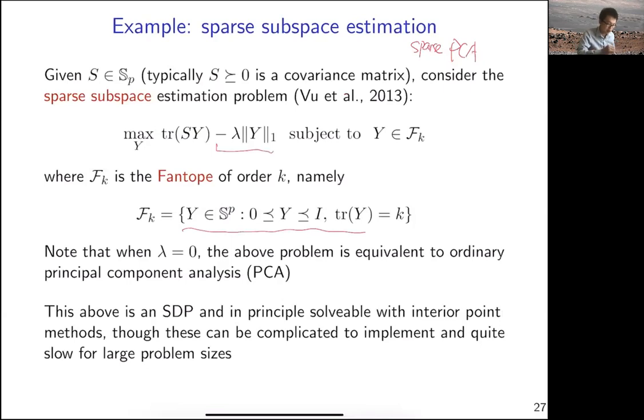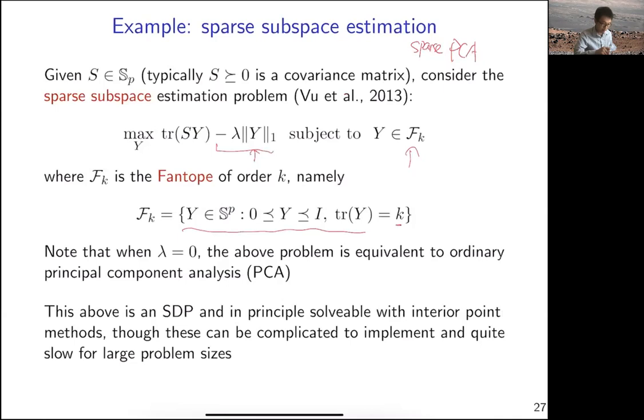First, we want sparsity from here, and second, we want this matrix to be in the Fantope, in the sense that we only want some kind of a rank K solution, but this is a convex relaxation of this rank K ball. So these two objectives might not always be compatible with each other. In particular, coming up with a prox operator to solve both of them simultaneously might be too difficult a task.